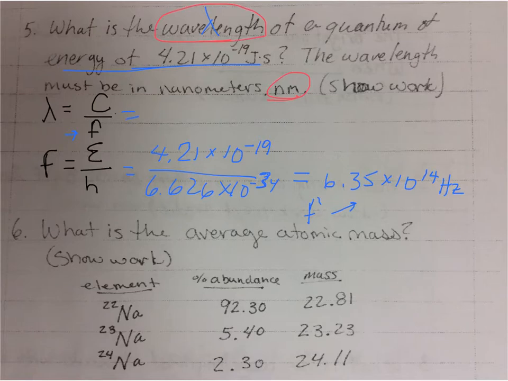So we're going to say C, which we know is the speed of light, 3.0 times 10 to the 8th divided by 6.35 times 10 to the 14.